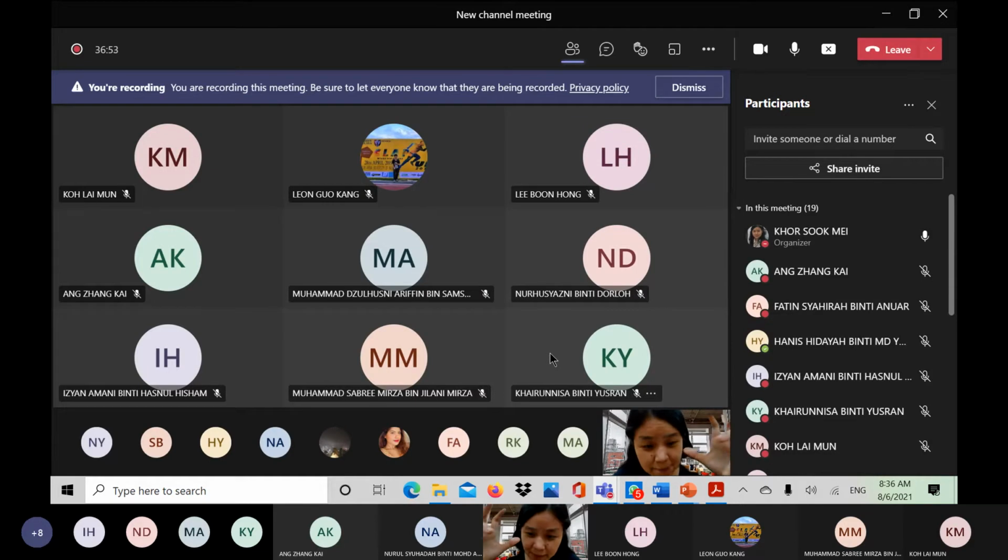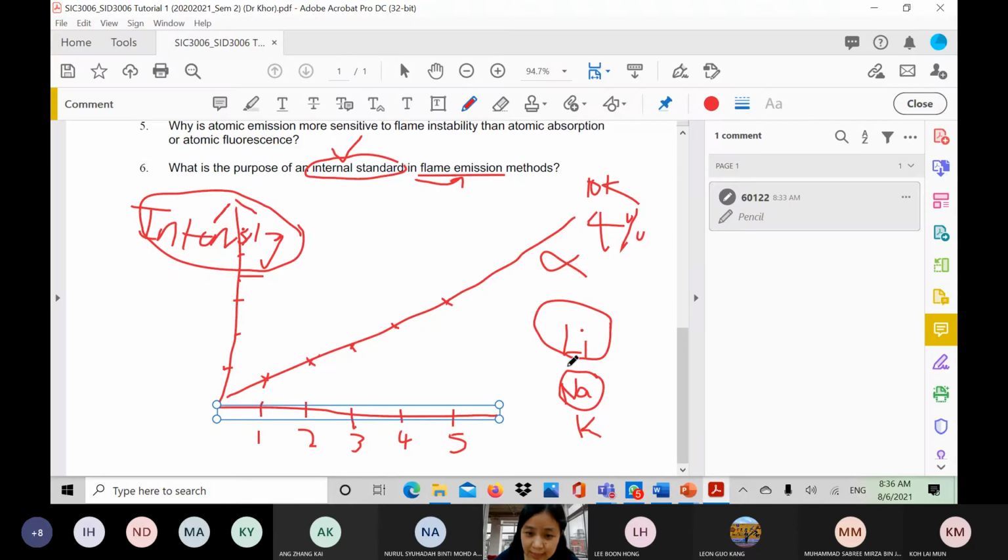The impact will be the same, not only towards the target analyte sodium, but it will also affect the lithium, right? So that's why we must have this lithium, because if temperature increases, it will have an impact on sodium and also on lithium. If temperature decreases, it will have the same impact on sodium and lithium. Right. The first part of the answer is correct.